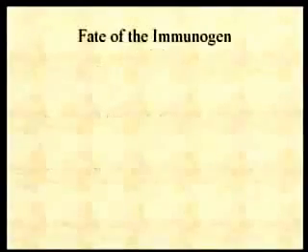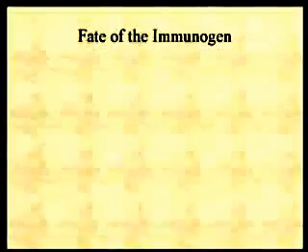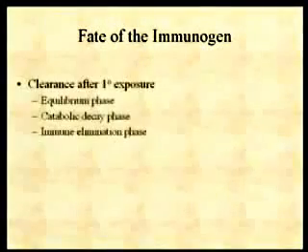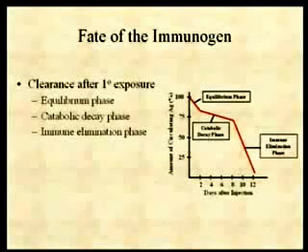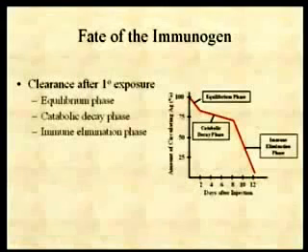So let's first take a look at what happens to the immunogen. If we want to track what happens to an immunogen after it's injected into some organism, or we get exposed to some sort of immunogen, we'll need to look first at what happens after the first, primary exposure.